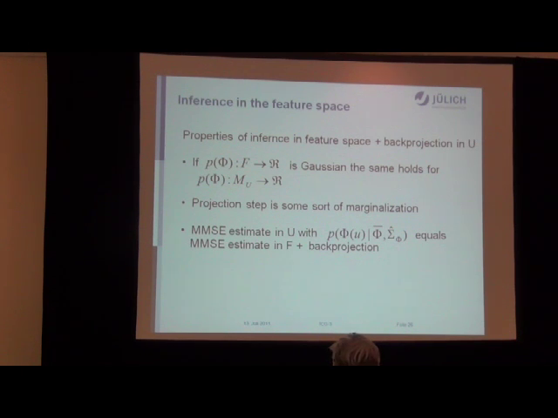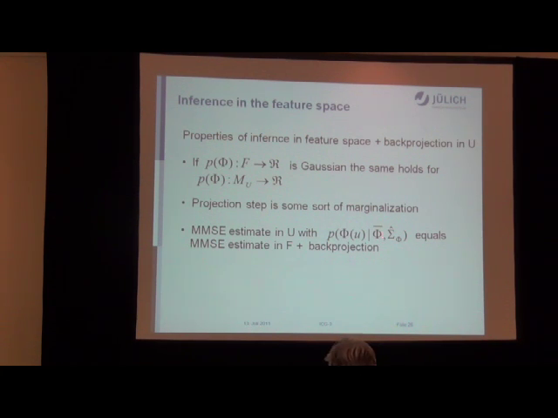The projection step can be seen as some type of marginalization, but I have not pinned down completely what it is. But we can say more about an estimator, for example the minimum mean squared error estimator: with a Gaussian model, it's also the MAP estimator.